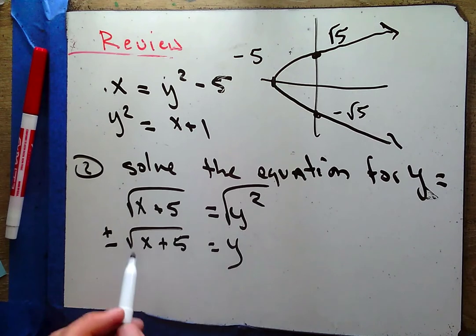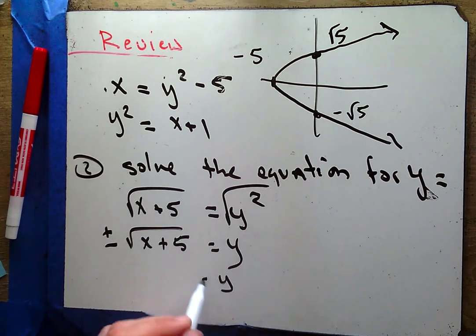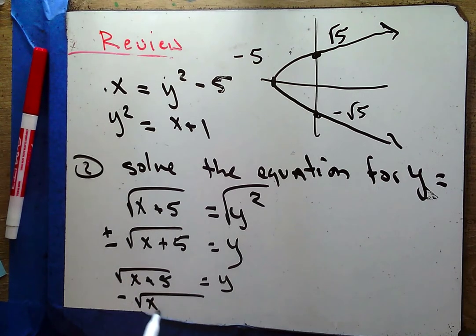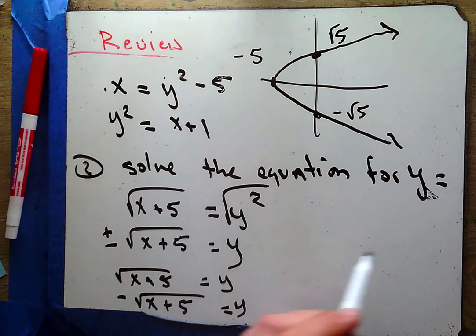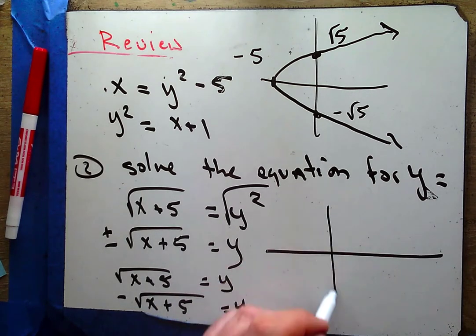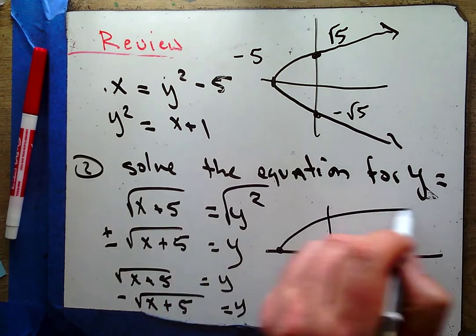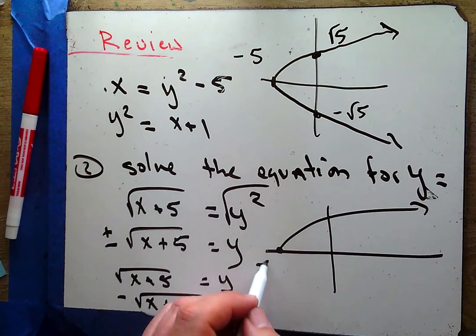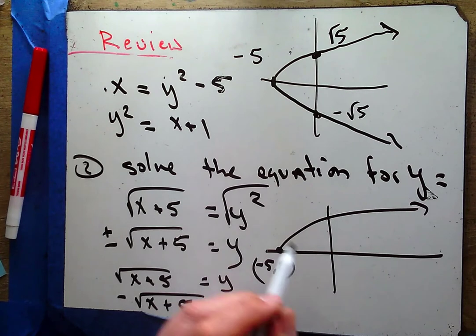So I'm actually graphing 2 things. I'm graphing y equals positive square root of x plus 5, and I'm graphing negative square root of x plus 5. I'm graphing both of those functions. Well, I see that plus 5, and I know that it moves my square root graph left 5. So instead of this point being at 0, 0, this is at negative 5, 0.